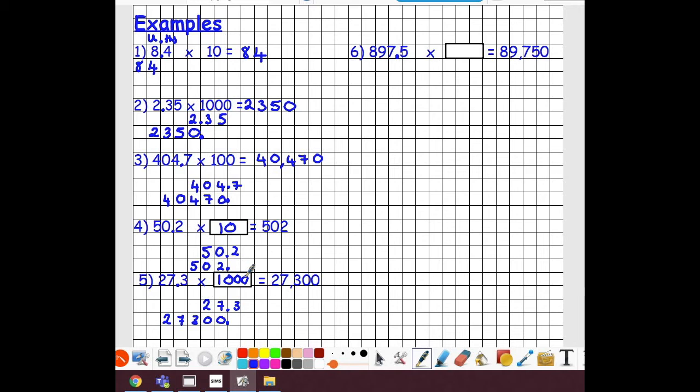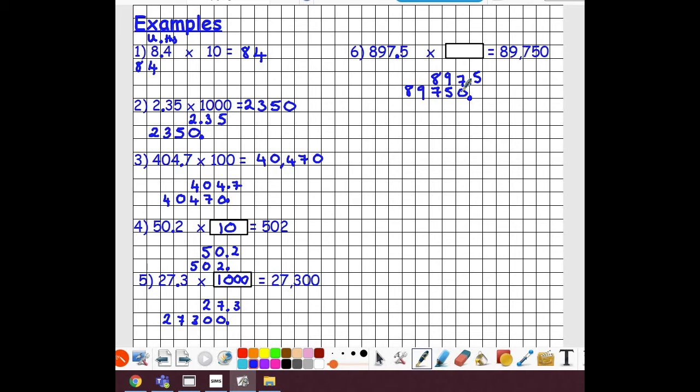Last example then, 897.5 times by something equals 89,750. So if we write in 897.5, and again our decimal point remains fixed, and our answer is 89,750.